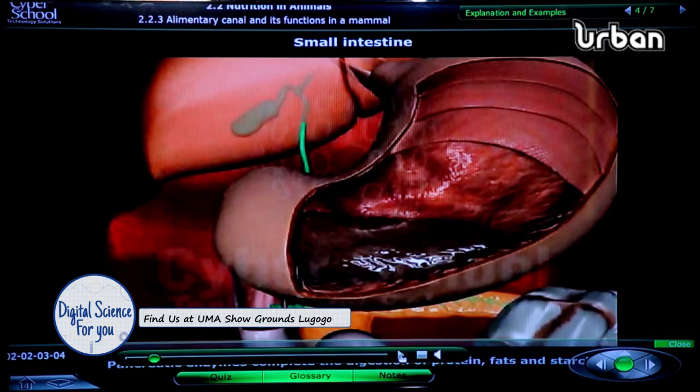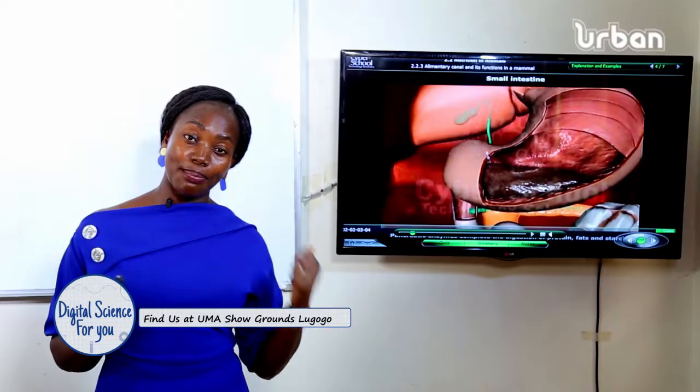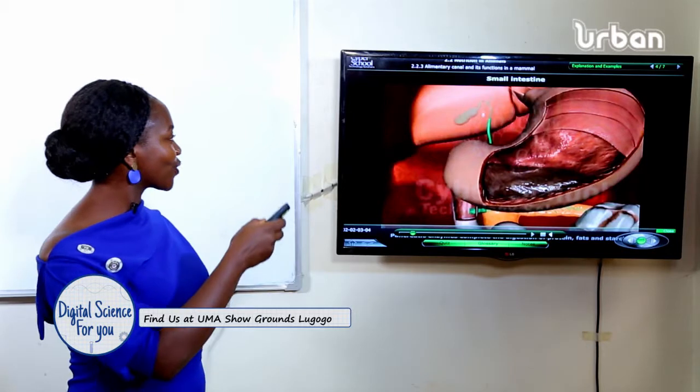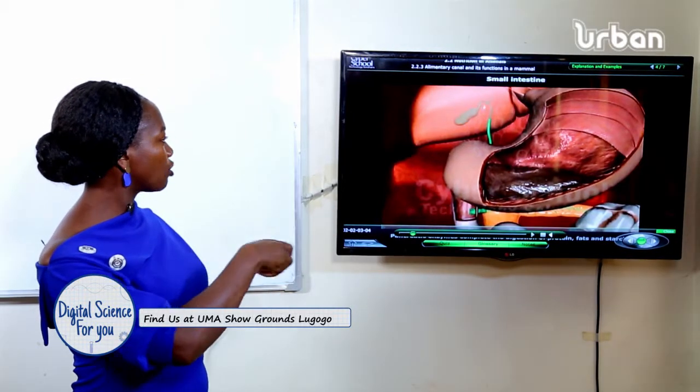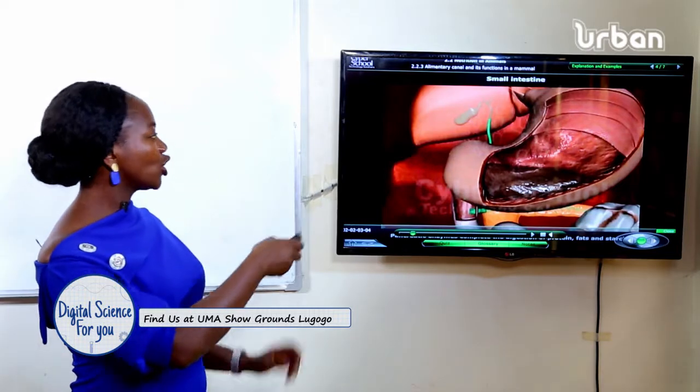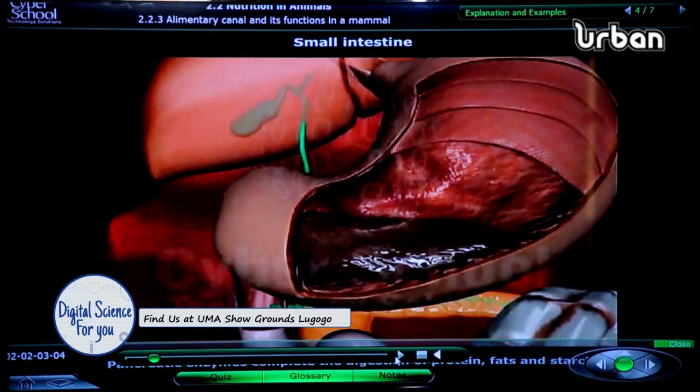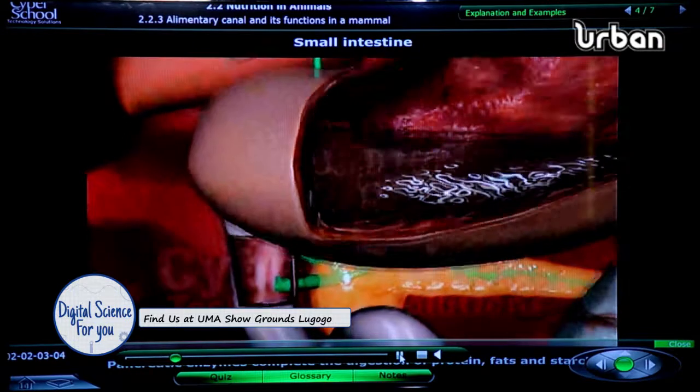Digestion in the duodenum involves the secretion of two juices. One of them is the bile that comes from the gallbladder. Here is the gallbladder. It is found in the liver. So the gallbladder secretes bile, which moves down.